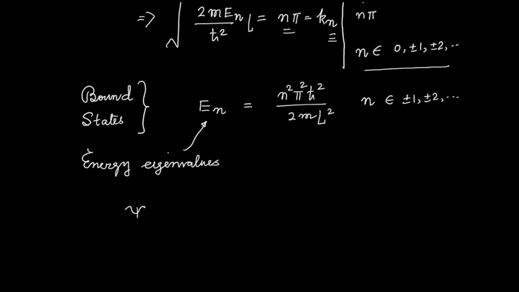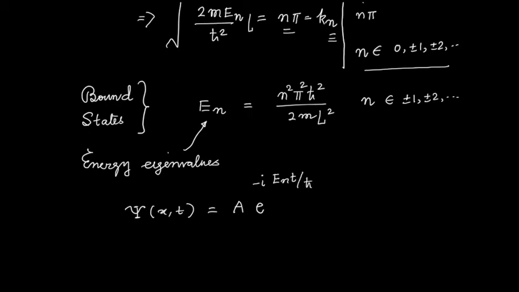Okay. So if that is the case, let us try to write down the solution for psi. So psi, this is now capital psi, which is a function of x and t. This is A e to the power minus i, remember, En t by h cross. So let us write En itself, because now these are discrete energies.